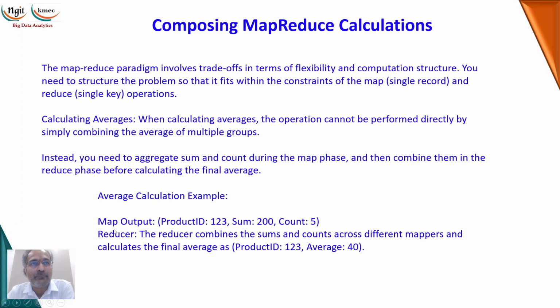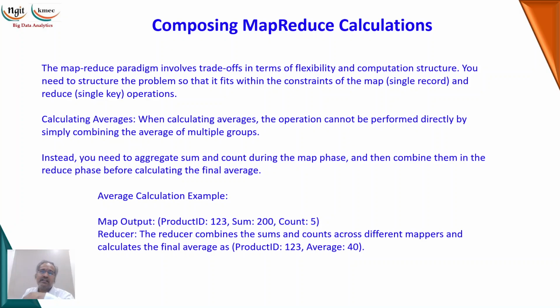Aggregate calculation example, map outputs. Here we can see product ID 123, the sum is 200, and the count is 5. The mapper will produce the sum, meaning the total over the entries of that product, and the count of how many times this product is ordered.